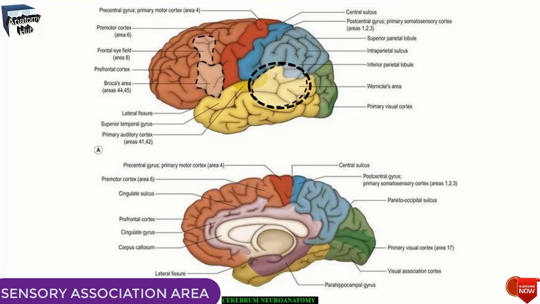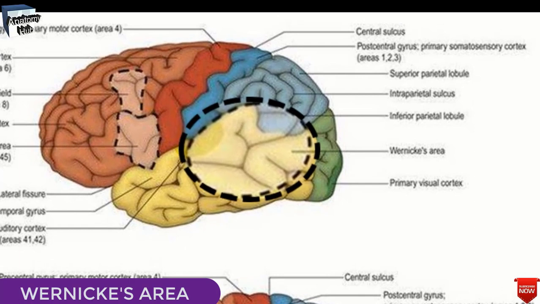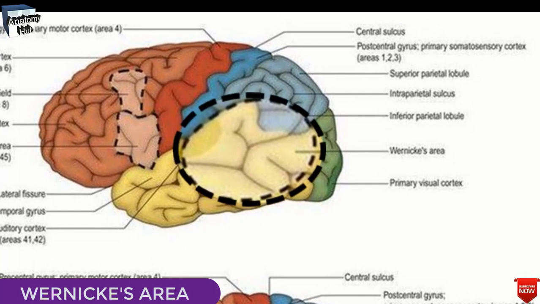The sensory speech area is located in the left dominant hemisphere, occupying the posterior part of the superior temporal gyrus of the temporal lobe and the angular gyrus, that is area number 39, and the supramarginal gyrus, area number 40, of the inferior parietal lobule. This is Wernicke's area, which is concerned with the interpretation of language through visual and auditory input.